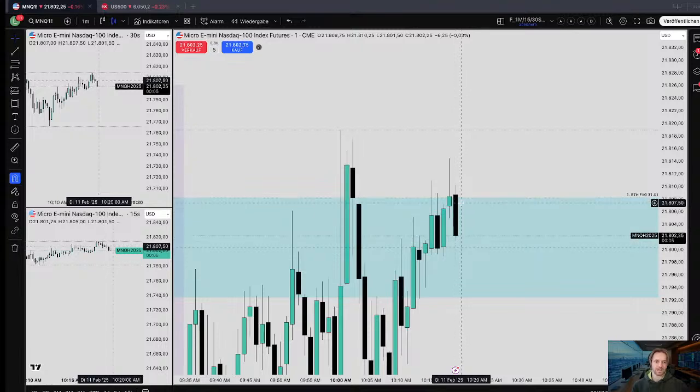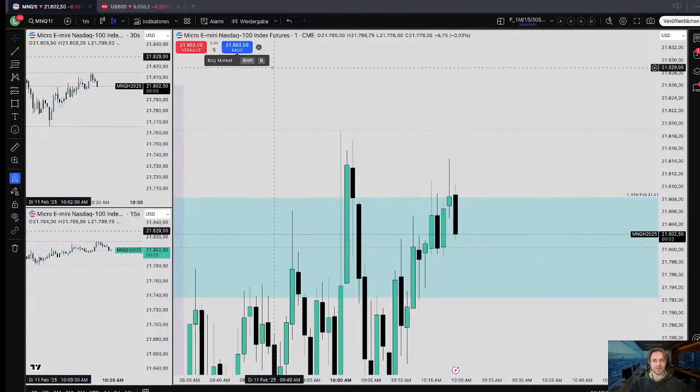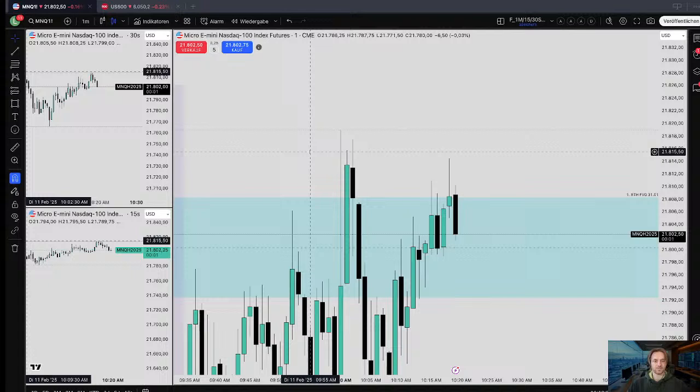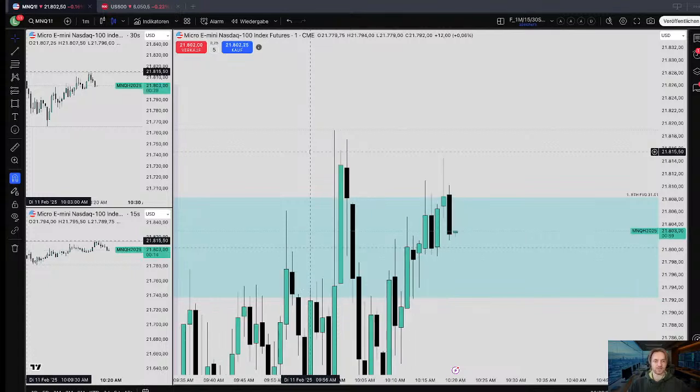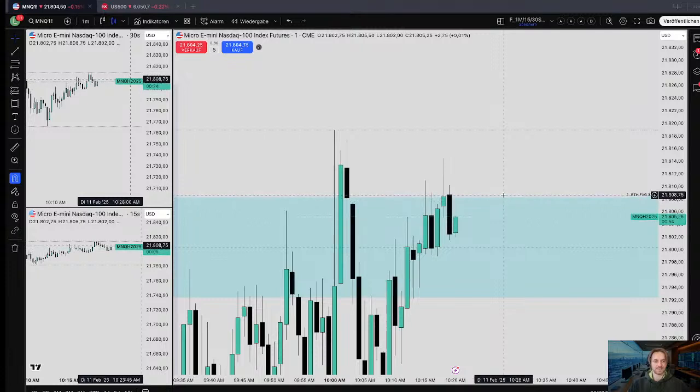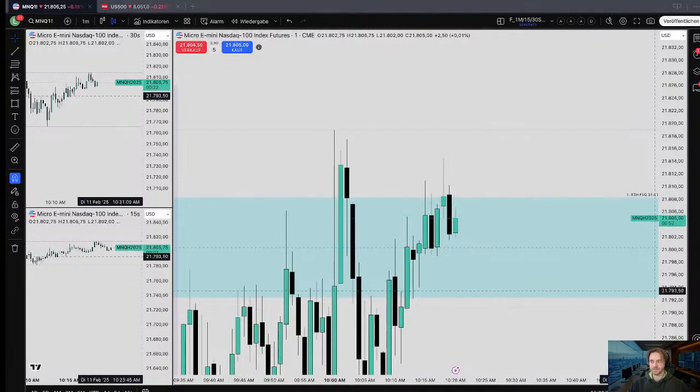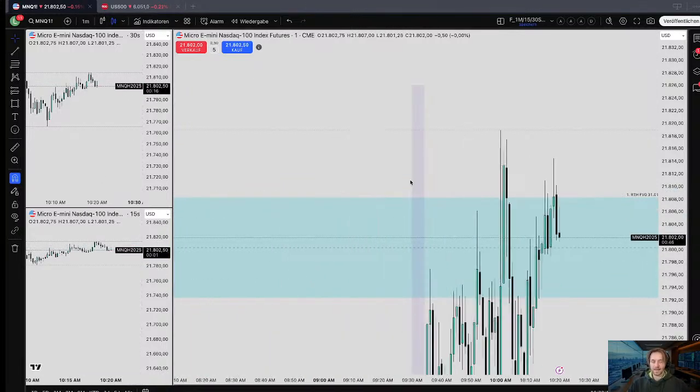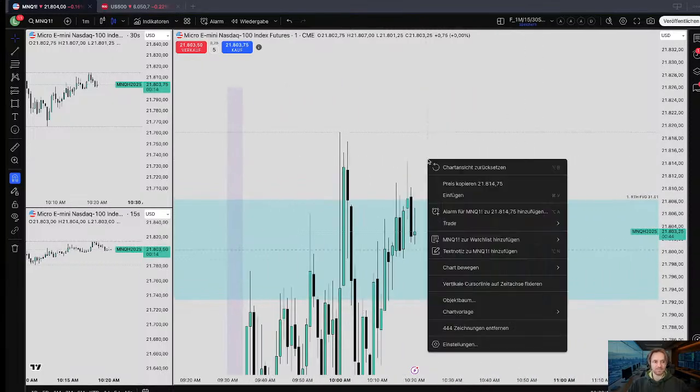It's still respecting it, because NQ and MNQ, or US 100, are not the exact prices, so the price acts in a bit of a different manner. And yeah, it wouldn't be that precise, right?